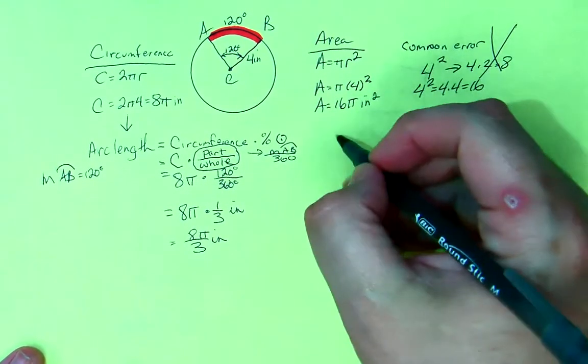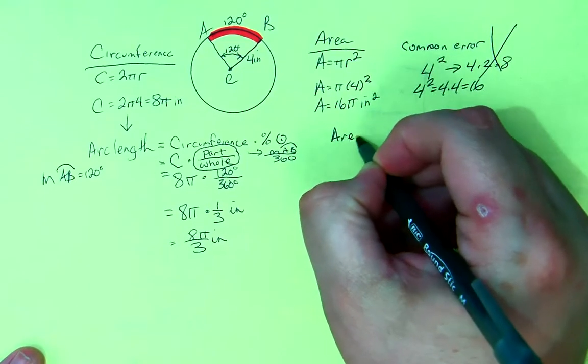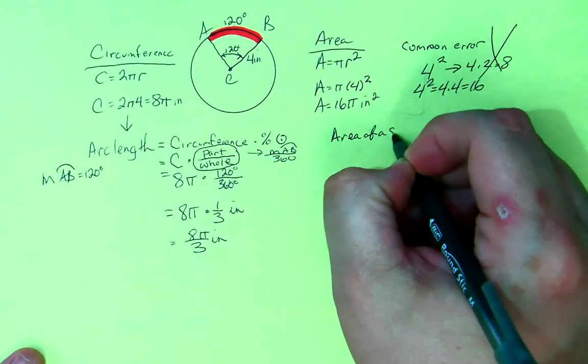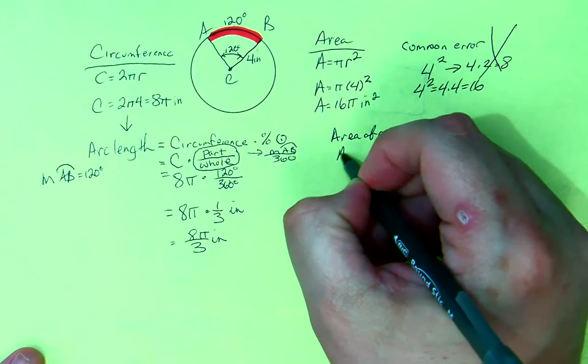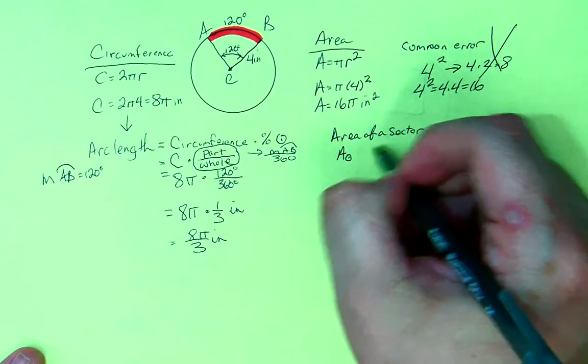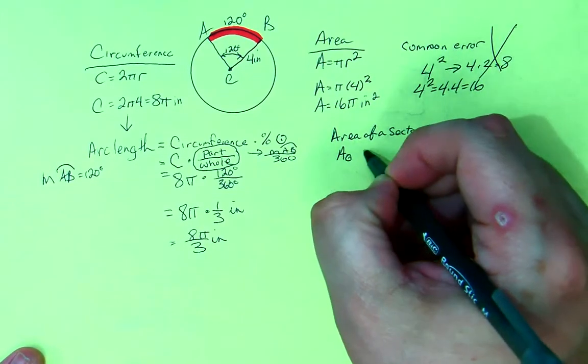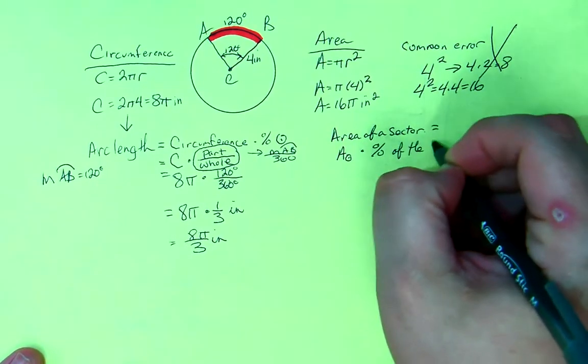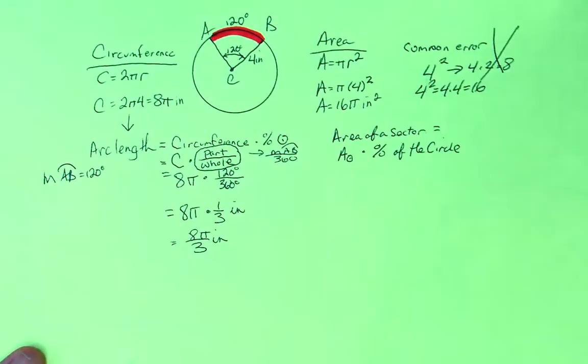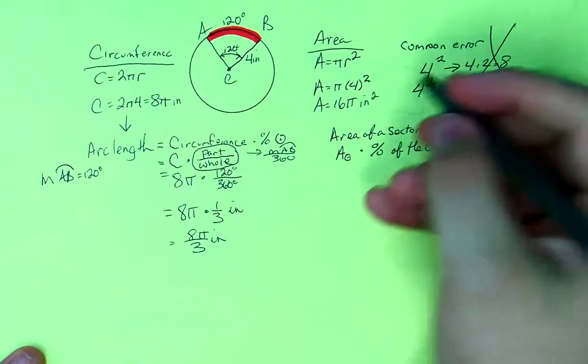Because for the area of a sector, we're still going to take the area of the circle and multiply it by the percentage of the circle that we have.